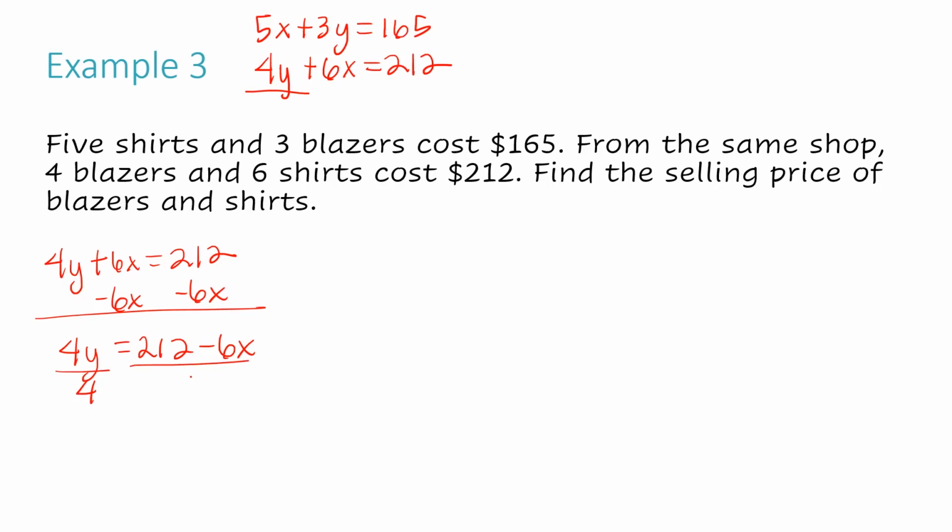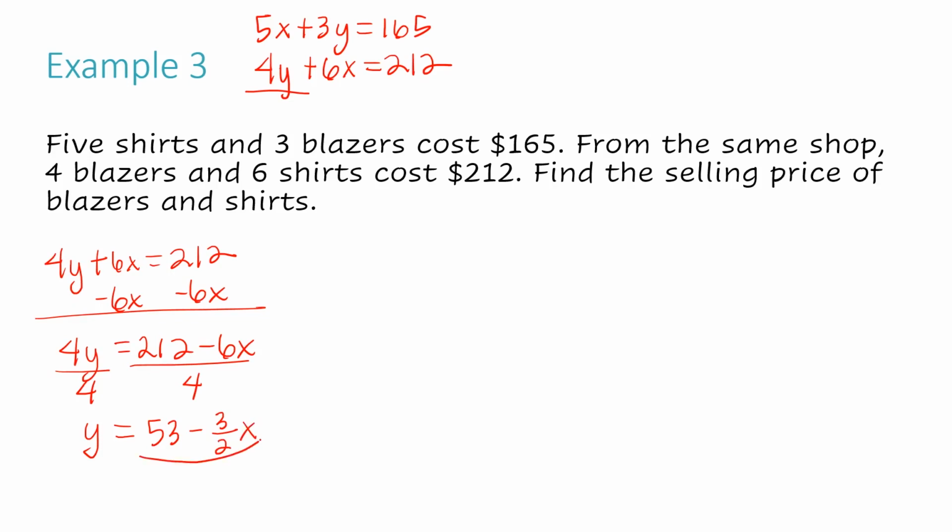Divide by 4, divide by 4. Y equals 212 over 4, which is 53, minus 3 over 2x. I guess that's not terrible.